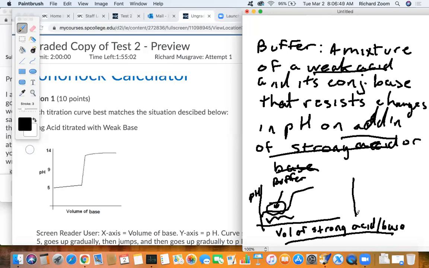It could look like that, or it could look like this. And again, it's always going to be volume of a strong acid or base down here. Do you have any questions? Is that okay, Gabrielle? Yeah, that's good.